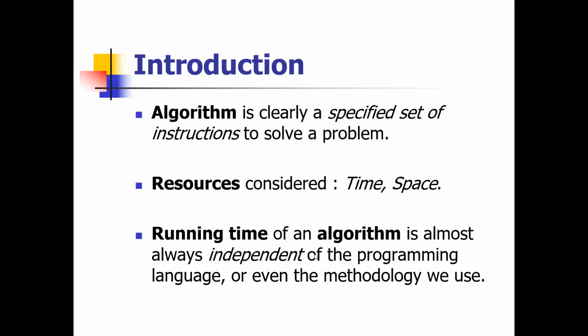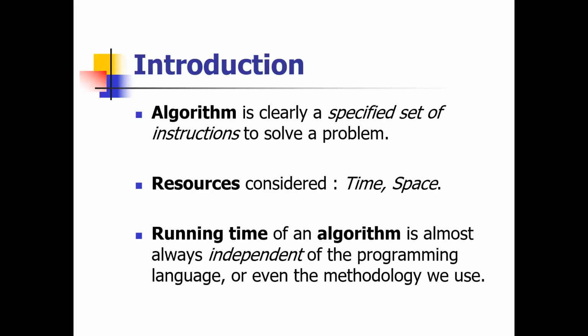The running time of an algorithm is almost always independent of the programming language or even the methodology we use. What might happen sometimes is the algorithm might be a little bit more efficient depending on the type of data structure we choose to use. Whether it's a tree, a graph, somebody talked about a hash map and so on.